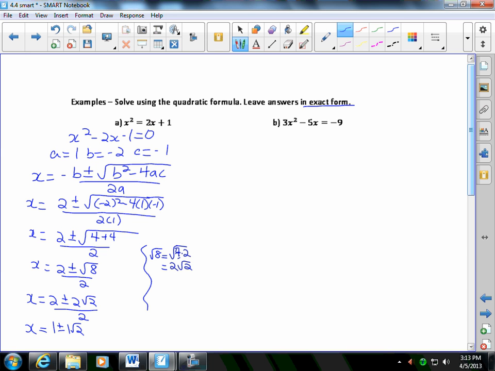Example B, 3x squared minus 5x minus 9. Same thing, I need to have everything over on one side. So that means my a is 3, my b is negative 5, and my c is a positive 9.